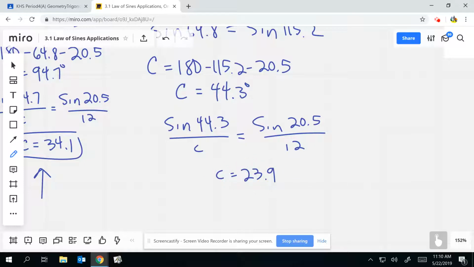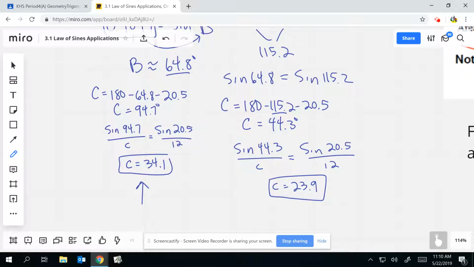Where B was bigger this time. B was 31. So B was your biggest angle of 115.2, and B was your biggest side of 31. C was a smaller angle, and it was a smaller side. So that would be your two separate triangles. You had one on each side here. So like I said, you're not going to have to really know. You're going to just need to give me one of them.